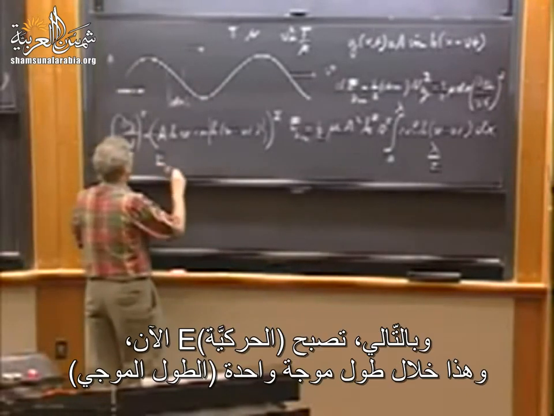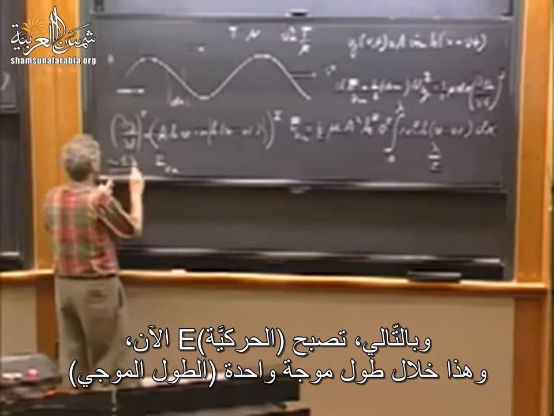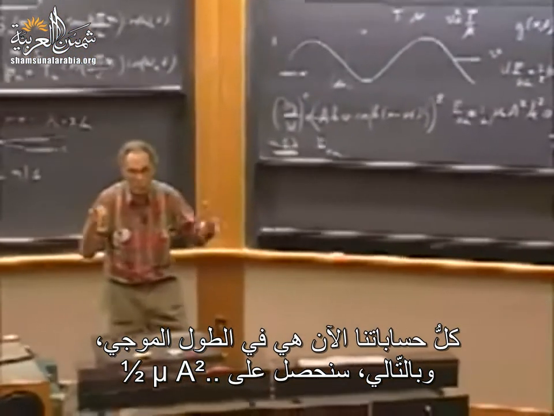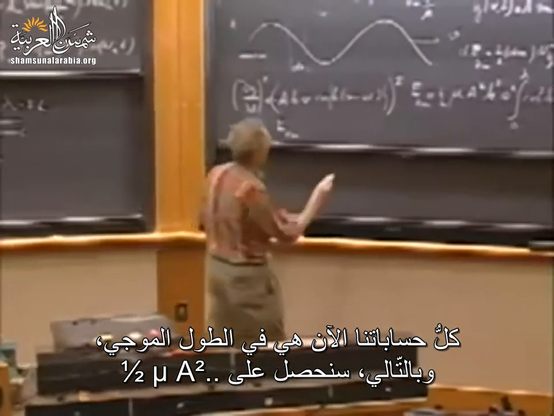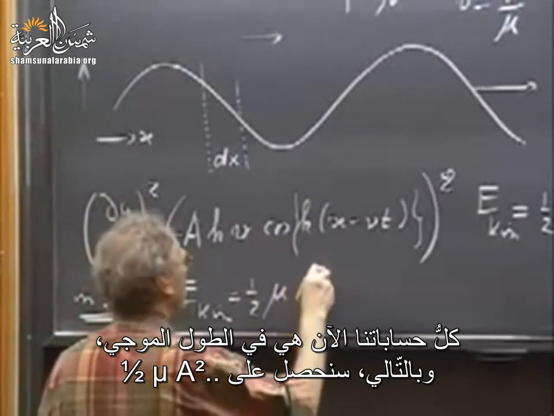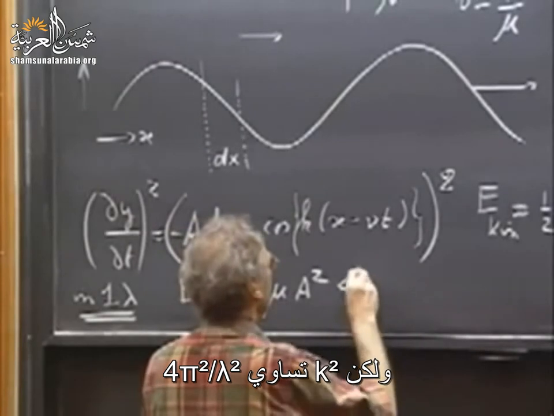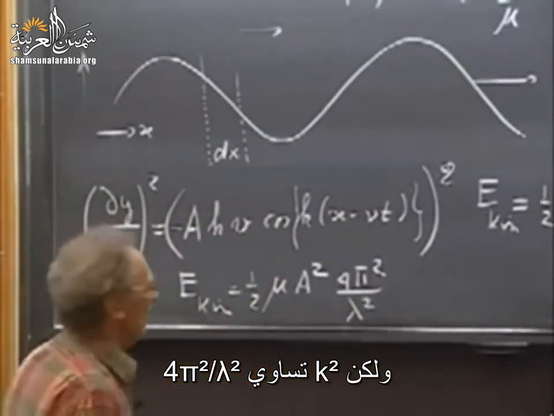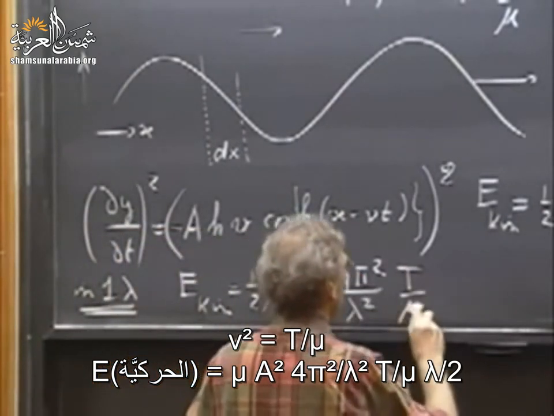So E kinetic now, and this is in one wavelength. This is my shorthand notation. So all I'm calculating for you now is how much is in one wavelength. So you're going to get now 1/2 mu. You get an A squared. The K squared I can write down as 4 pi squared divided by lambda squared. For the V squared I can write down T divided by mu.